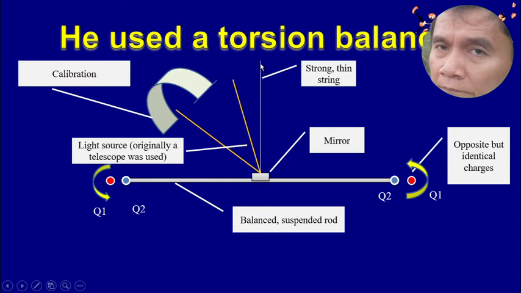It's actually based on basically one large suspended rod, preferably a heavy one. The purpose is that when it is hung with a strong, thin string, it will be stable enough and won't move much. And there's a mirror attached at the intersection of the strong, thin string with the balanced suspended rod.